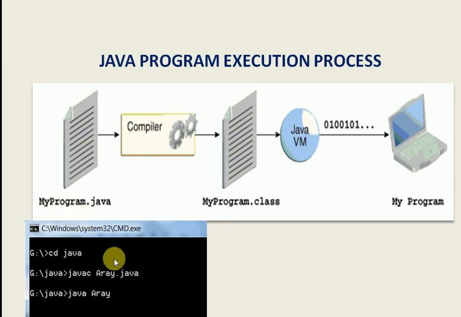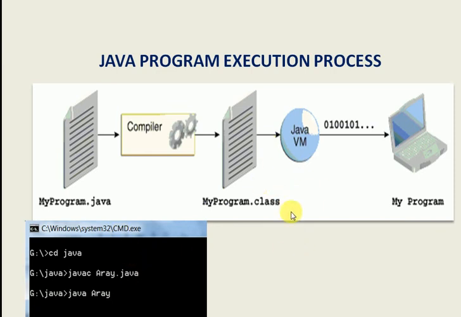It will compile the file, and then the .class file is generated. Then I run it using java followed by the file name, array, and the output will be executed.